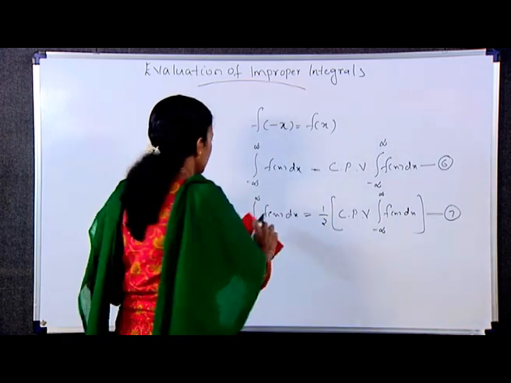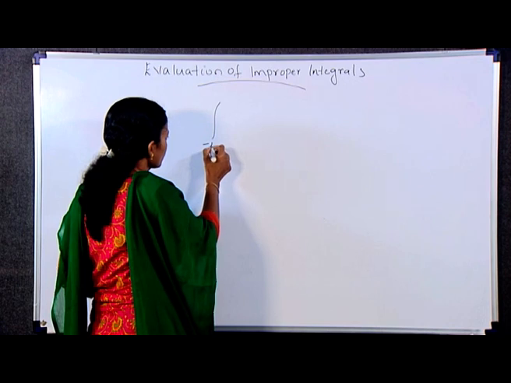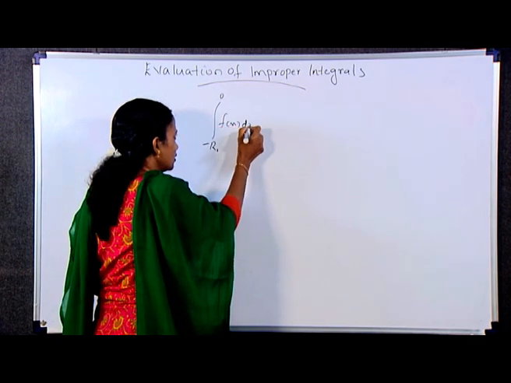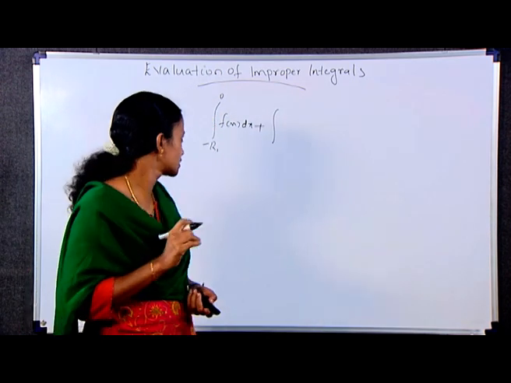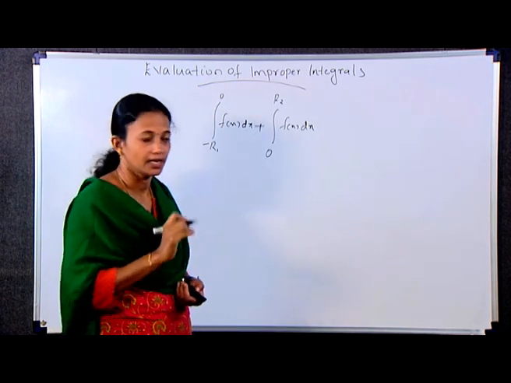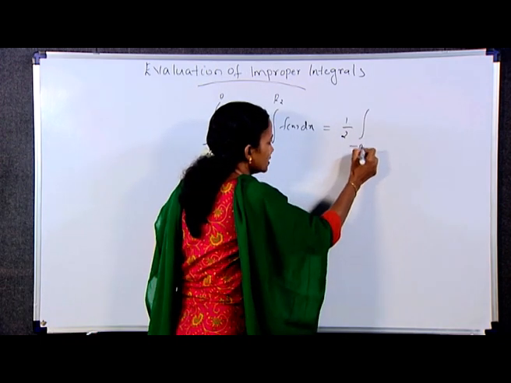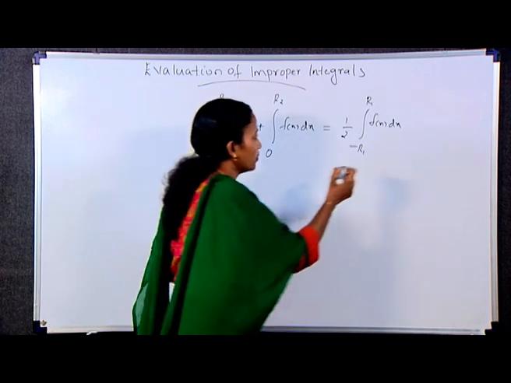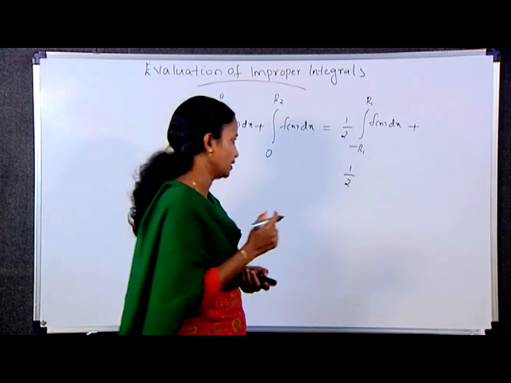Thus, the integral from minus R1 to 0 of f(x) dx plus the integral from 0 to R2 of f(x) dx is equal to 1 by 2 times the integral from minus R1 to R1 of f(x) dx plus 1 by 2 times the integral from minus R2 to R2 of f(x) dx.